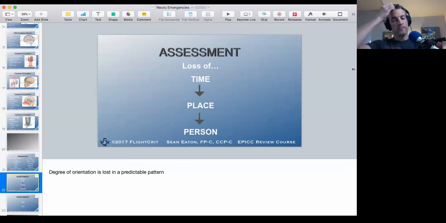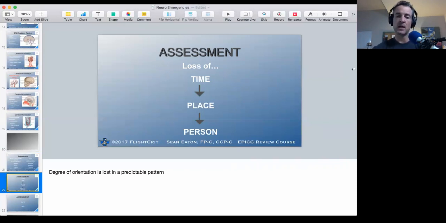Okay, so to be honest with you, it wasn't until I started researching for this section that I stumbled upon this, and it kind of makes sense. In paramedic school, we're always taught, when you're asking somebody about their mental status, person, place, time, and event, or person, place, and time.